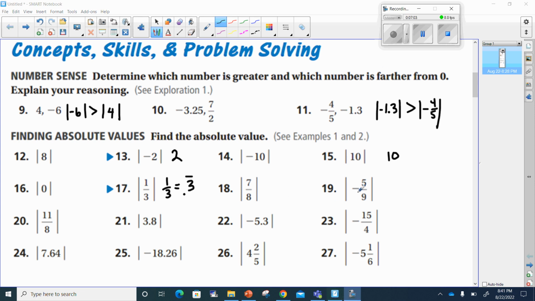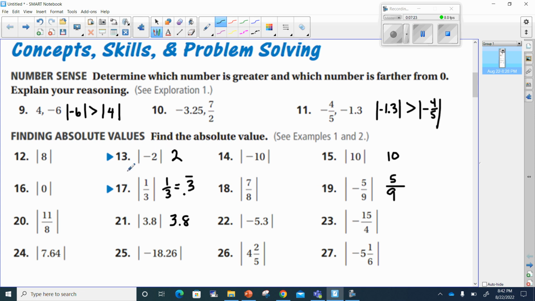Next is number 19. Negative 5/9 is actually just 5/9 away from 0. Number 21, 3.8 is 3.8 away from 0. Remember, the absolute value is nothing more than how far this number is away from 0 on the number line.